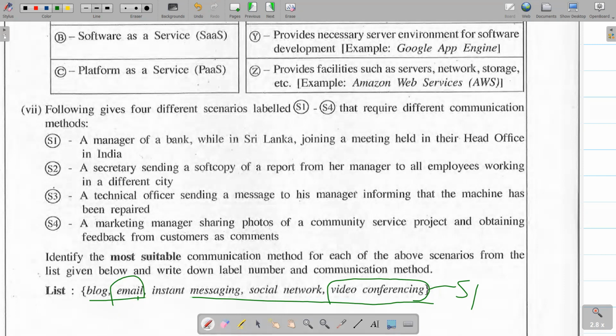Right? The third one says, a technical officer sending a message to his manager informing that the machine has been repaired. So S3 goes with instant messaging.